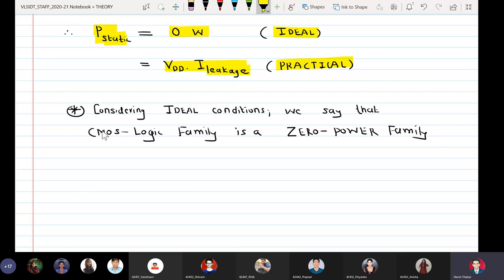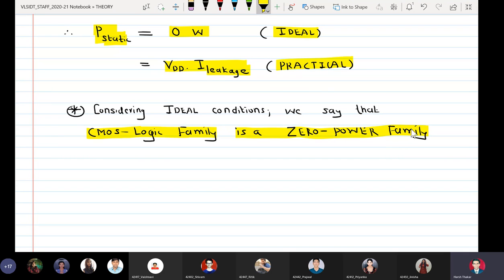Okay, but this statement is both true and false. So in Viva, always ask a question to the students that, okay, do you agree with this statement that CMOS logic family is a zero power family?